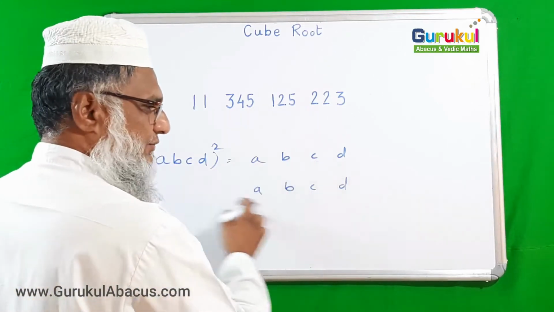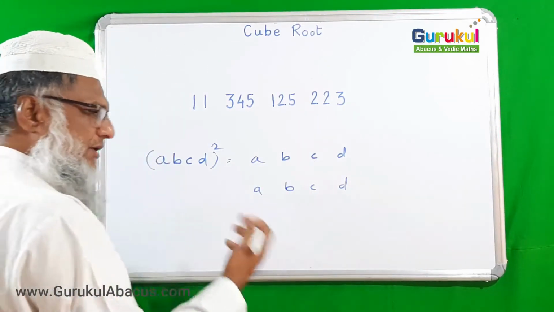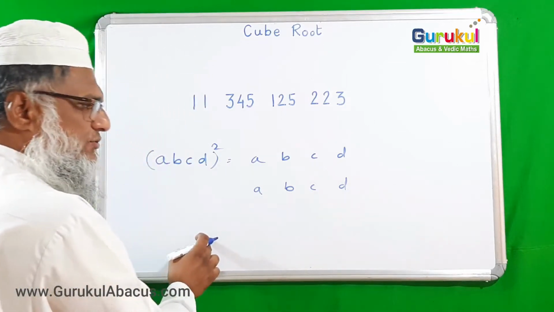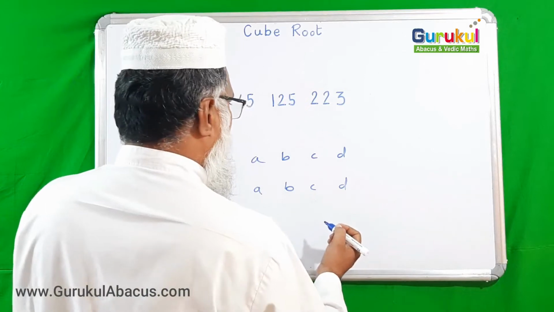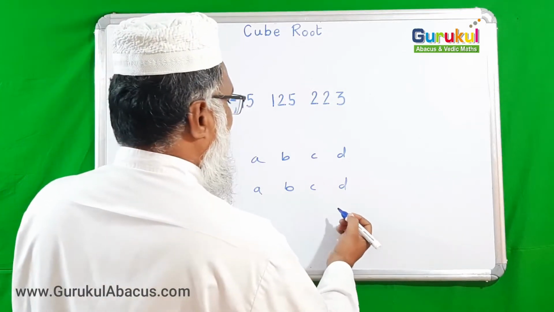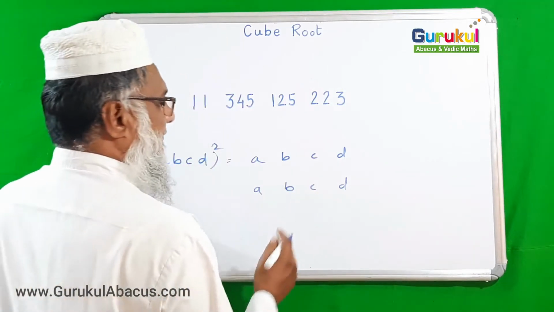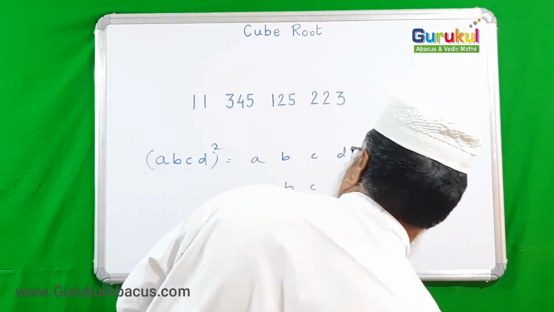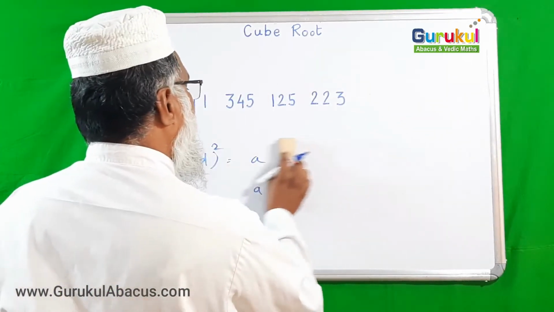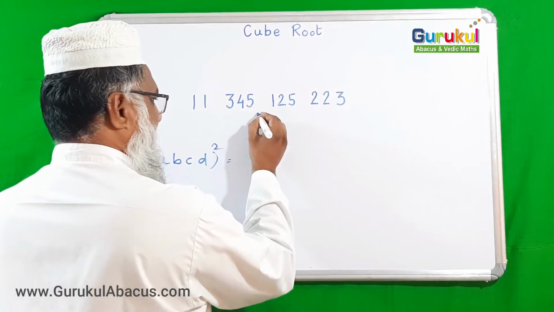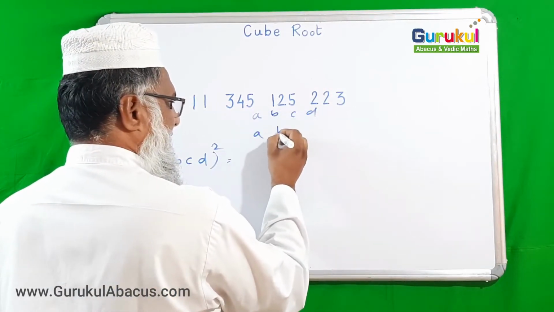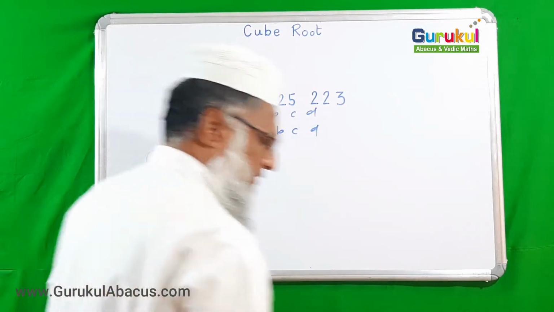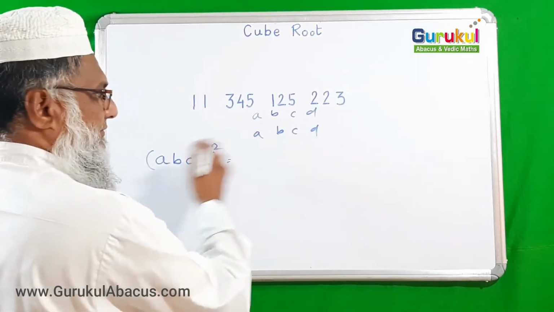There are 4 digits, so there would be 7 terms, but we do not need them all, so I am finding only the last 4 terms and writing them here. Here a, b, c, d, and here a, b, c, d. Now we are going to find the last 4 terms.